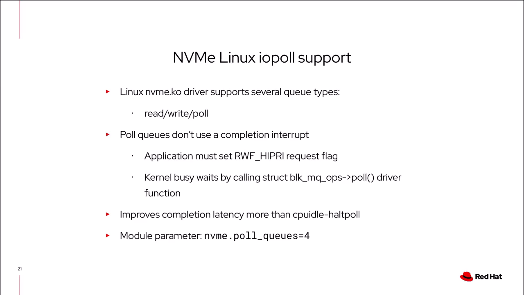It just calls the poll function in the NVMe driver, and that function will just check memory and have a look to see if the request has completed yet. So the kernel can do polling for us, and this is called iopoll. This improves completion latency, and actually more than CPU idle halt poll, because here we're guaranteed to be spinning and it doesn't give up.